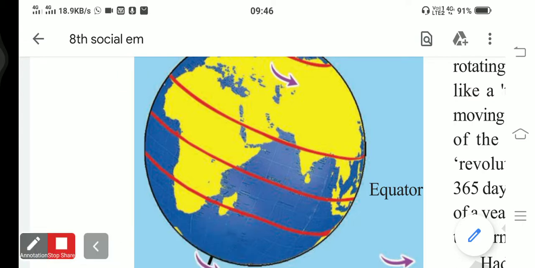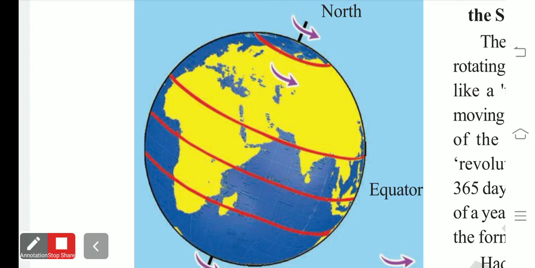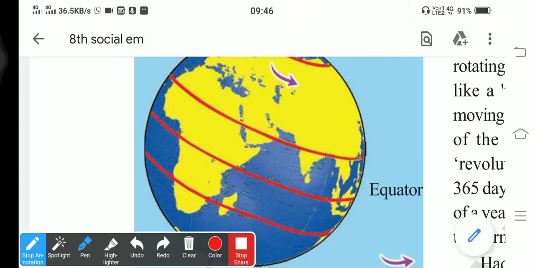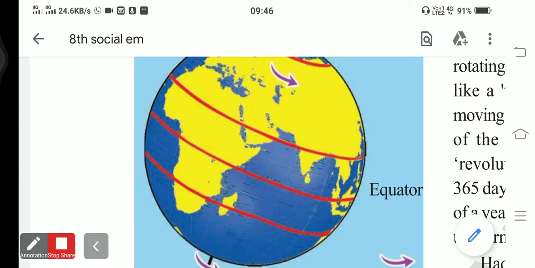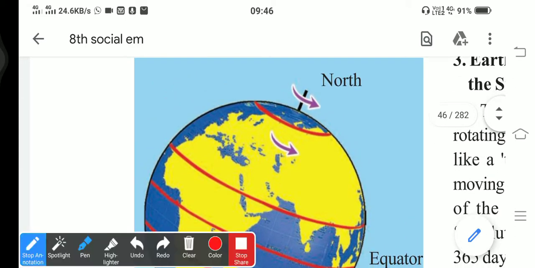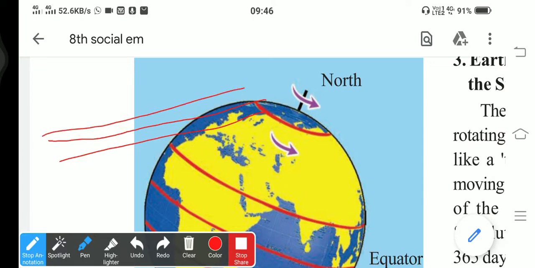Above the tropic of Cancer, the sun rays fall slantly, in the sense, somewhat bent. I'll show you. In this way, sun rays fall slantly. So there is a bend in the sun rays.